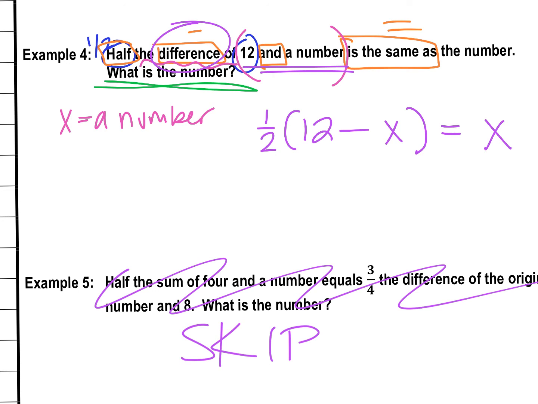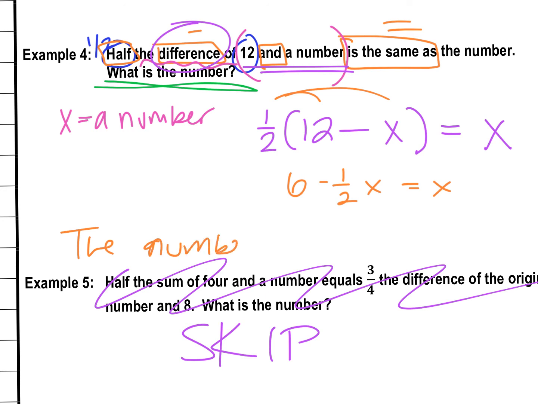And then you could go ahead and distribute first. So 1/2 of 12 is 6, minus 1/2 x equals x. And then continue to solve this for your variable, making sure you get your variables to the same side. Then you would answer the question. The number is blank. I know you can solve this on your own, so please finish up the problem, then work on the assignment.